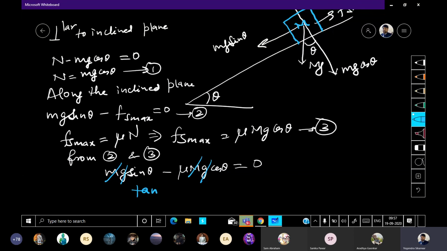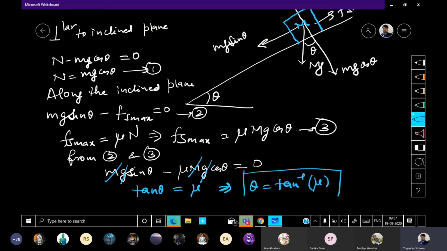So tan theta is equal to mu, and that gives us theta is equal to tan inverse mu. Answer: theta is equal to tan inverse mu. So that is how we are getting the answer.